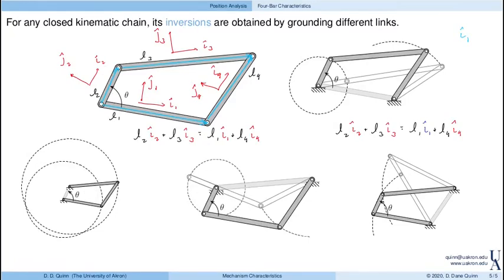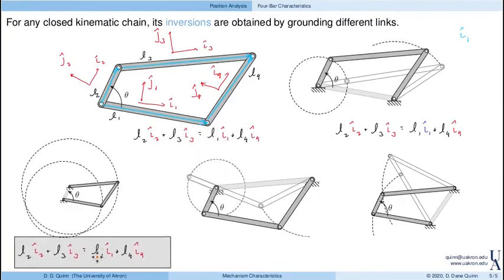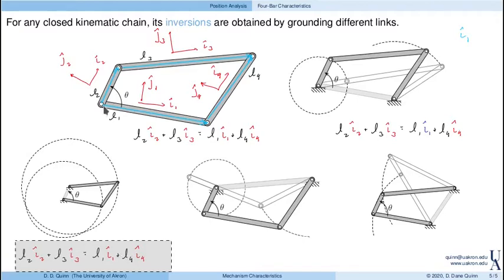Now, in contrast, if I ground link 2, so link 2 will be fixed, because that means I2 is known, then we get a mechanism like this. This is actually known as a double rocker mechanism. And notice that links 1 and 3 make complete rotations, and link 4 kind of goes along for the ride.